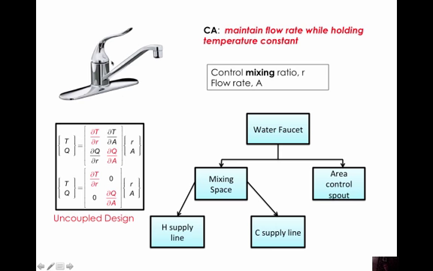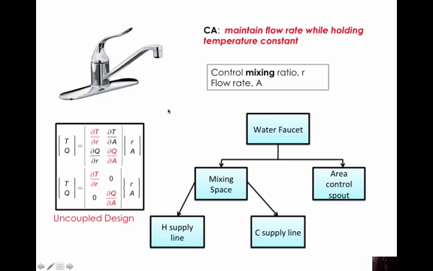And as I understand the way this faucet actually works, there are also controls here on how much hot water is coming from the supply line and how much is coming from the cold water supply line. But the reason I like this as an example is it shows you how if you recast the problem, it is possible sometimes to take a design that's fully coupled and get one that's uncoupled.